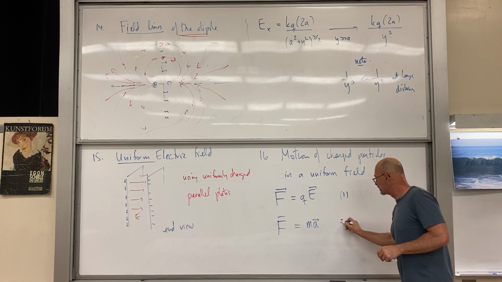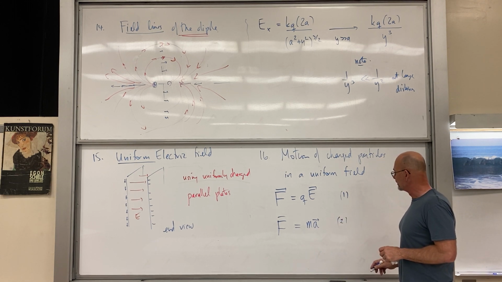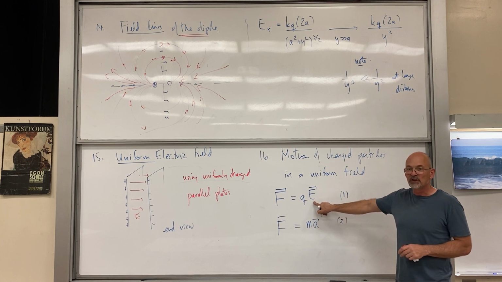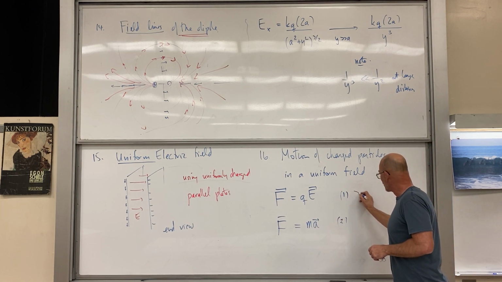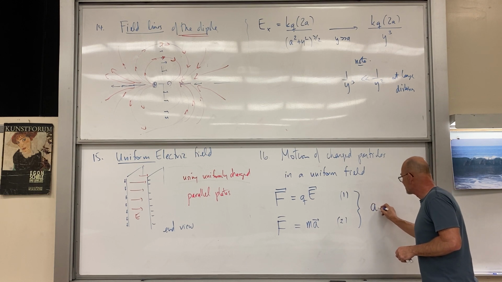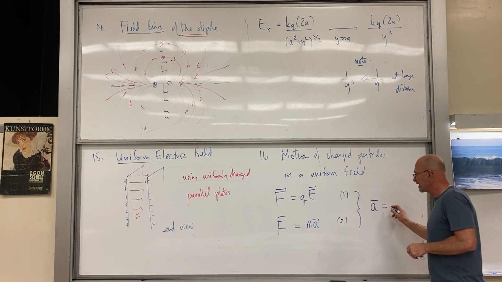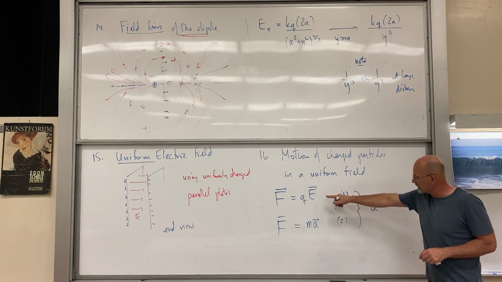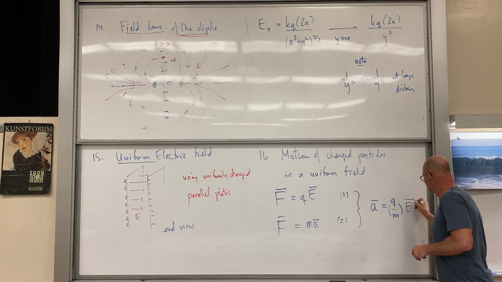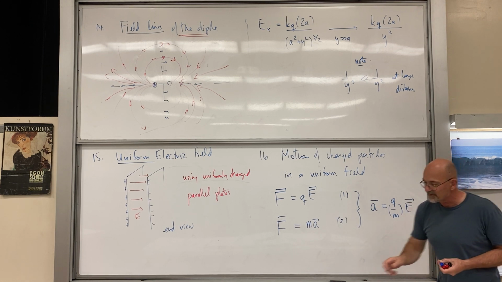And if we put these two together, we really have just the basic m times a is equal to q times E, or I'll write it this way, acceleration is equal to, right, ma is equal to qE, so it's equal to q divided by m times E. Well, what do we have here?